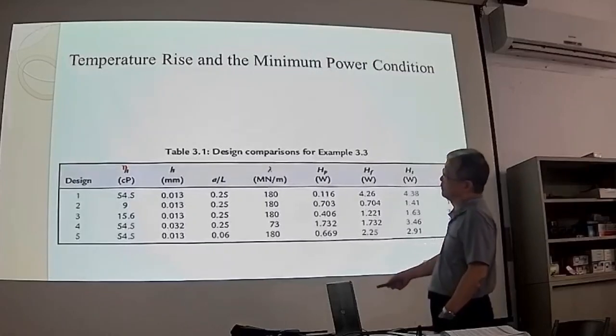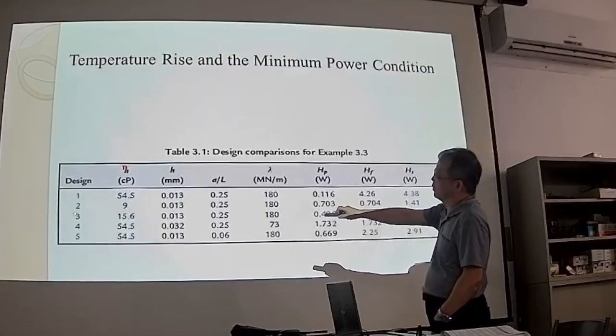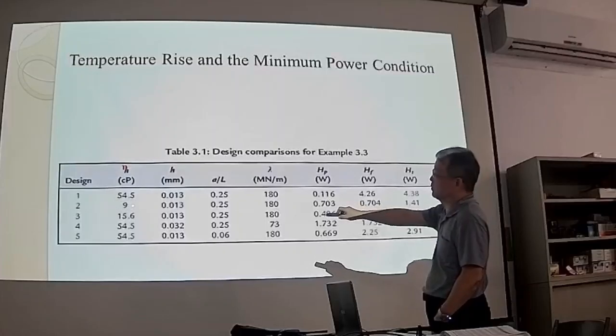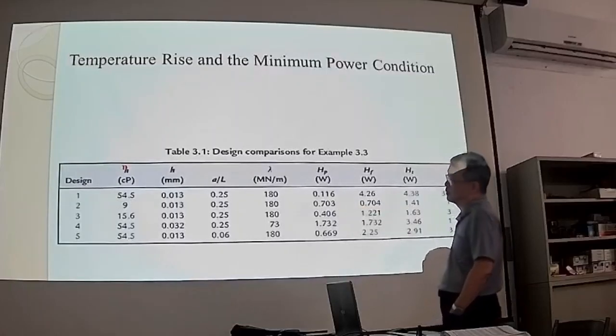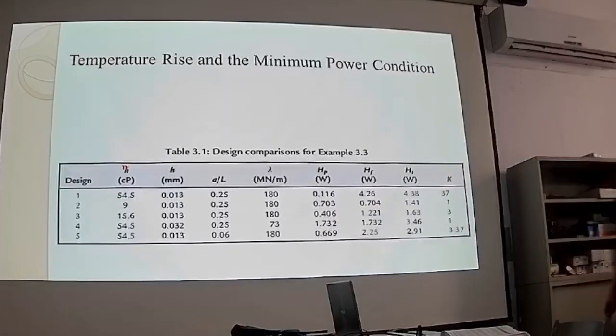You can see the difference. Okay. So the design one and design two, the only difference is the viscosity for this one. So the friction power and total power reduce significantly.